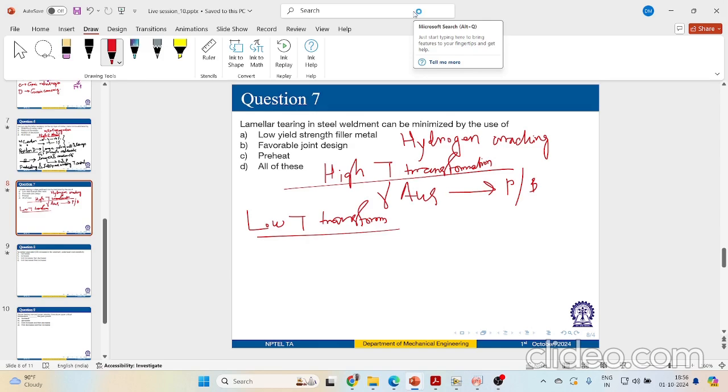Austenite to martensite. That is a low temperature transformation. There, the rate of diffusion reduces significantly, and your hydrogen cannot escape and is trapped within your steel as solid solution, right?